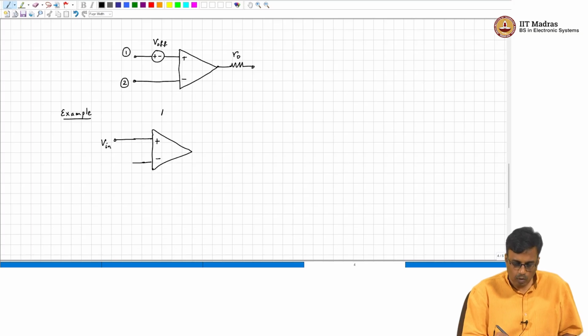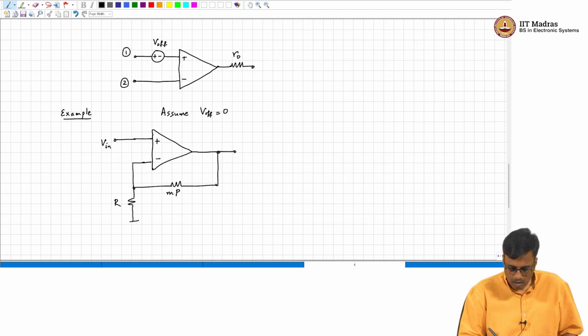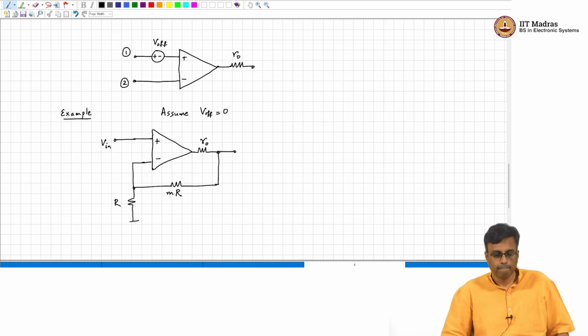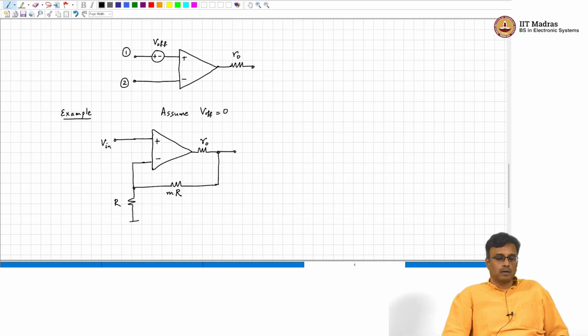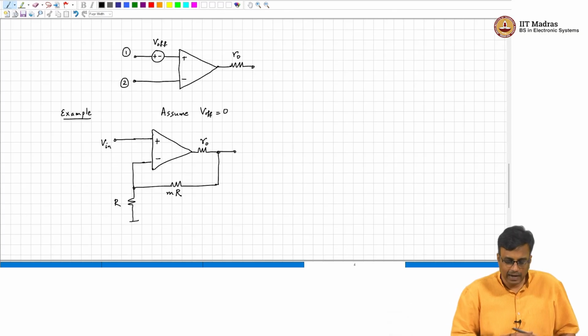So, we assume offset is 0, okay. But now we have a resistance R O in series with it. Let us assume some finite A.